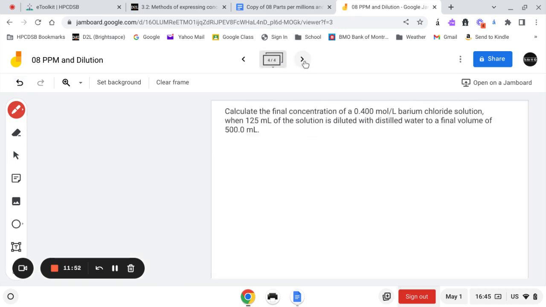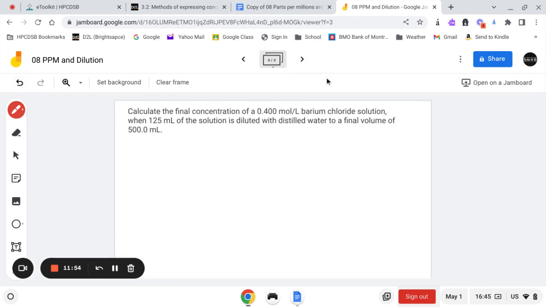Let's do one more. So here is another dilution question. It says calculate the final concentration of a 0.400 mole per liter. So notice the unit is different. This is molar concentration of barium chloride. And it says when 125 mL of the solution is diluted with distilled water to a final volume of 500 mL.